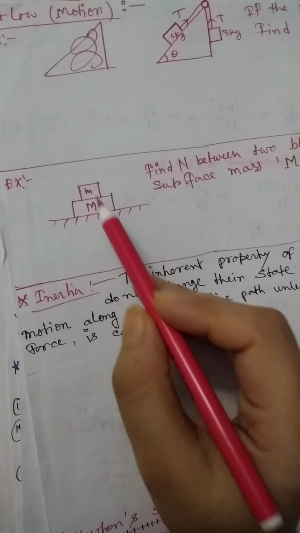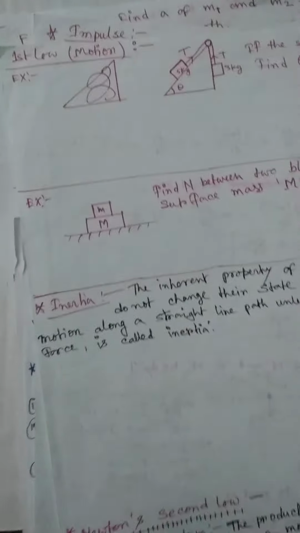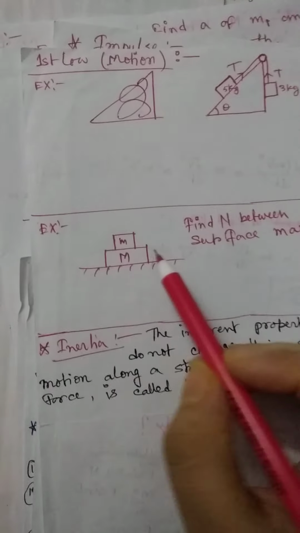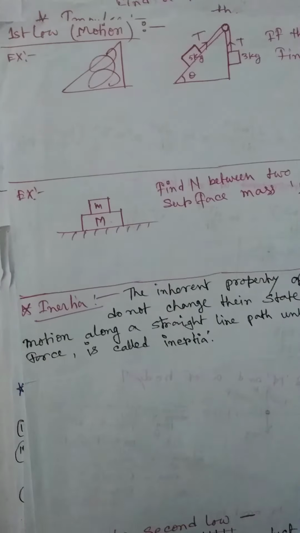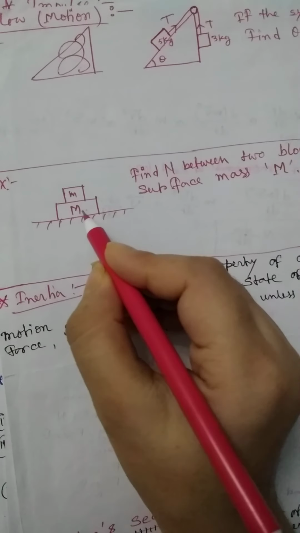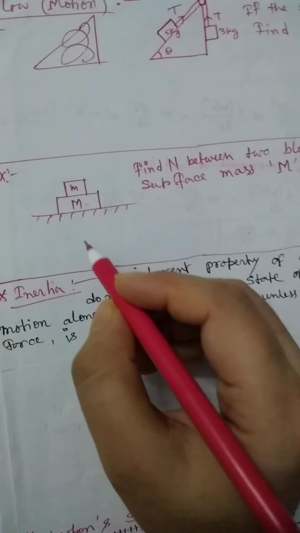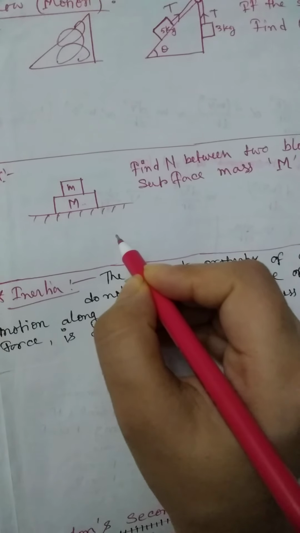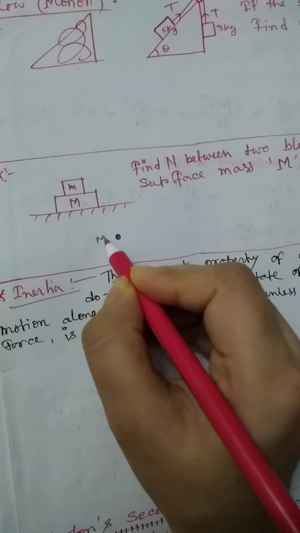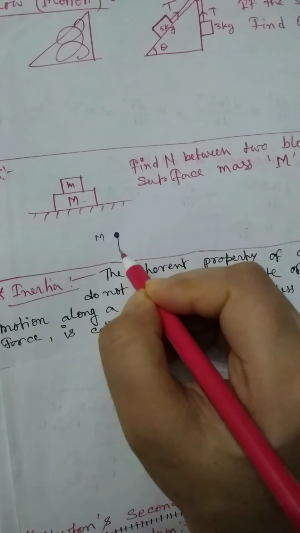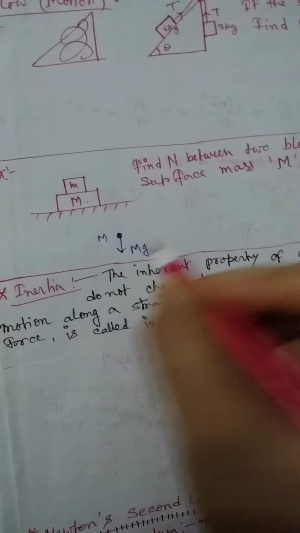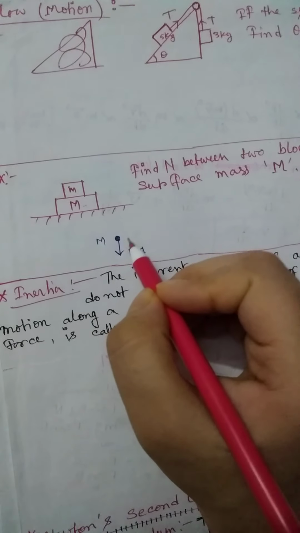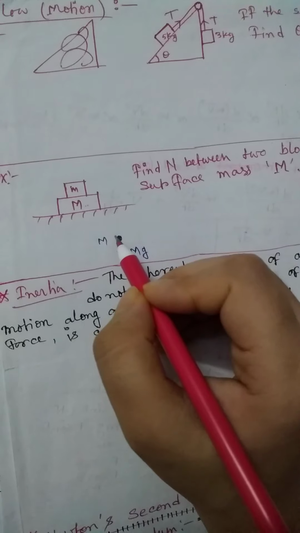I'm solving this one. These two bodies are placed in this condition. This body is placed on the floor and this body is placed on top of this M body. So if we draw the free body diagram of M body, this body experiences weight, that means gravitational force along this direction, which is Mg, right?